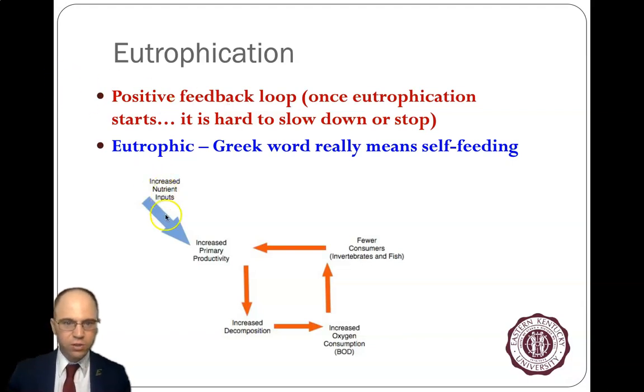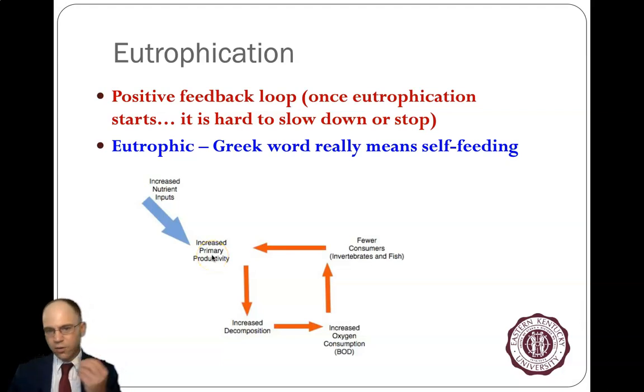So increased nutrient inputs increases the productivity, so it increases the amount of plant life doing its thing, more photosynthesis, but it also results in speeding up everything. The fish get bigger quicker and fatter, and everything's wonderful at first, looks like it's going to be more productive, but then as those things die off, we have more decomposition.